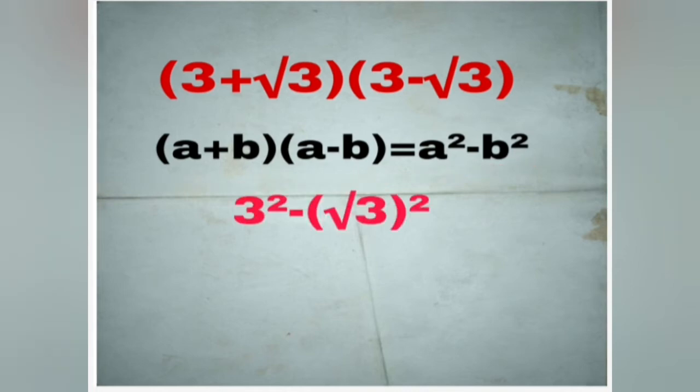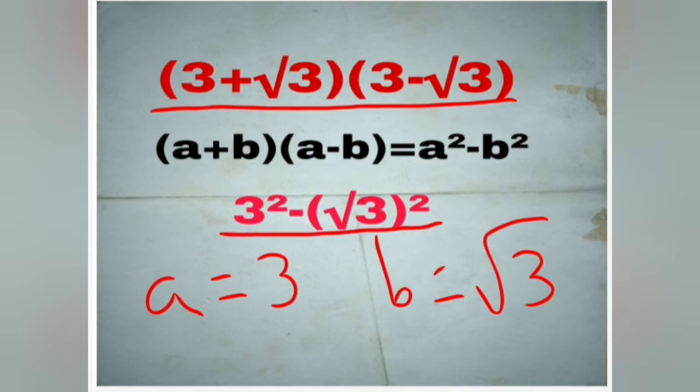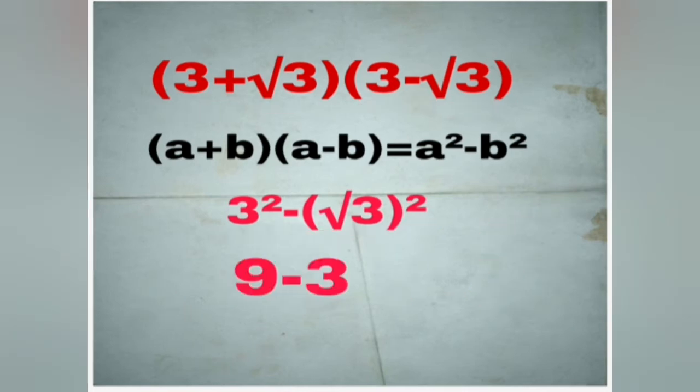Now when we apply the identity to the given question, in the place of a we have 3, in the place of b we have root 3. So it will become 3 square minus root 3 whole square. 3 square is equal to 9.